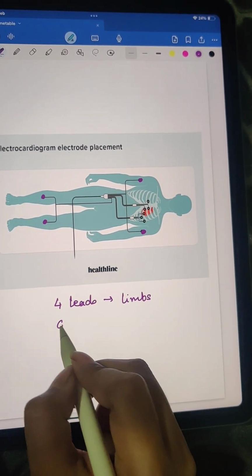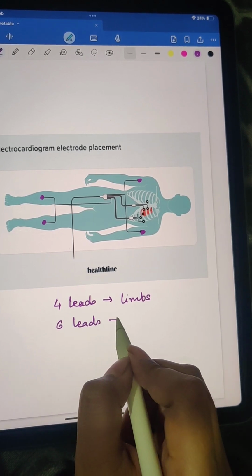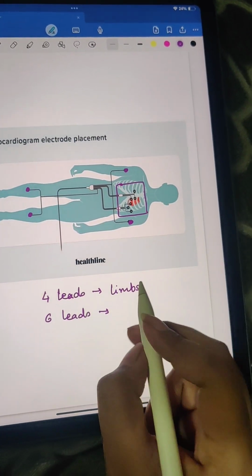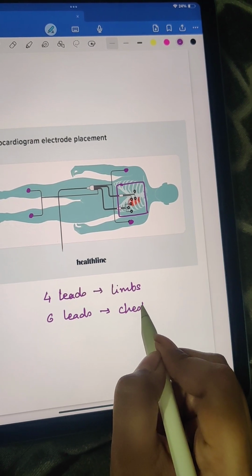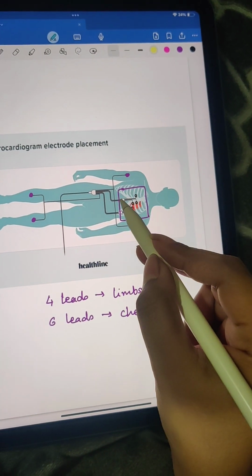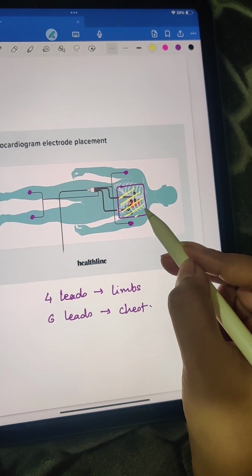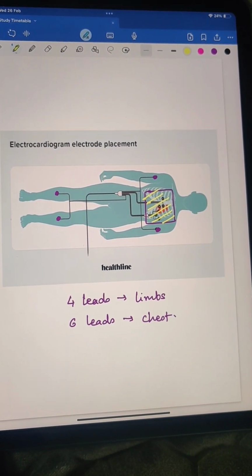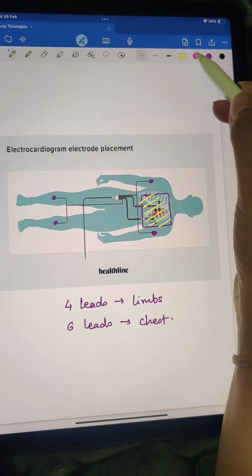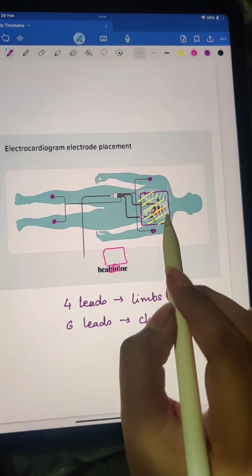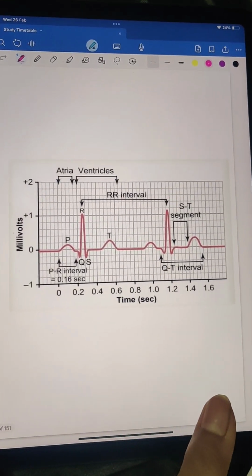Then there are 6 leads or 6 electrodes you can see on the chest region, near heart region. So these are chest electrodes. Then a gel is applied which acts as electrolyte, which recognizes the electrical signals and sends them to the machine. Yes, so we get ECG like this.